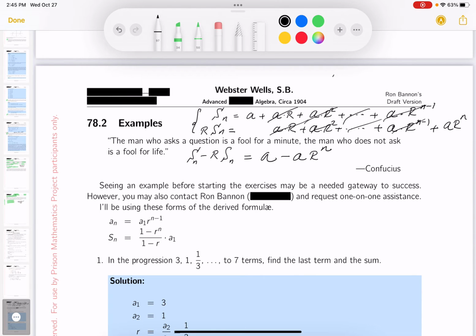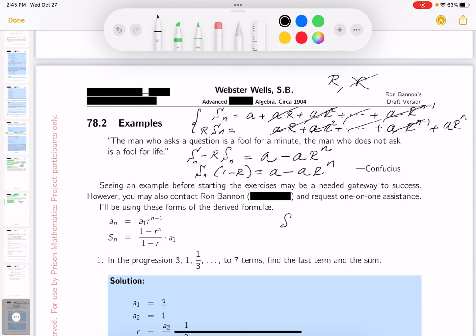By the way, some people question why you're using this R and not this R. To me, the other R looks difficult, so I'm not going to put that down. All right, I'm going to factor out an S_n now. And you would get 1 minus R. I made a mistake. It's R S_n that is factored out. I don't know why I put an equal sign there.